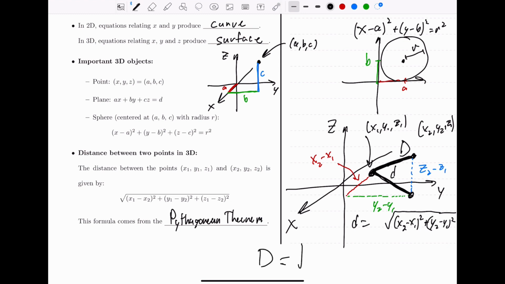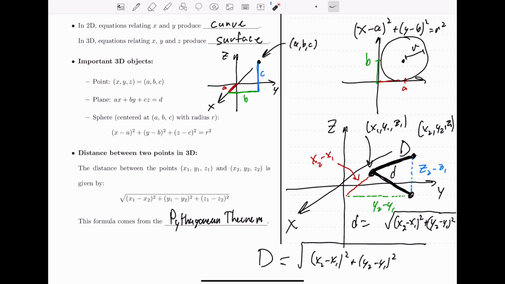And that distance will be the square root of, so our triangle once again, we have leg, leg, right angle between them, and then hypotenuse. So we're using the Pythagorean theorem. d squared plus z2 minus z1 squared equals capital D squared, the length that we want. So we take the square root of d squared. Well, here's d, so if we square d, we just get rid of the square root symbol. So d squared is simply x2 minus x1 squared plus y2 minus y1 squared.